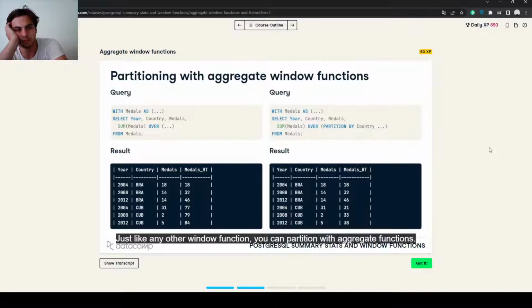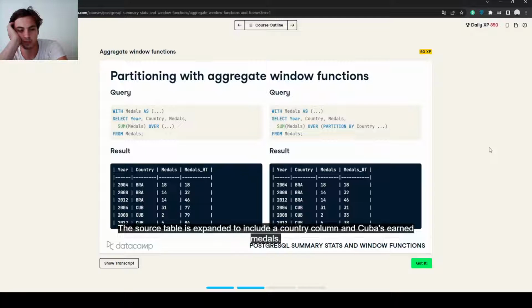Just like any other window function, you can partition with aggregate functions. The source table is expanded to include a country column and Cuba's earned medals. In the left table, sum is used without partitioning by country, so the cumulative sum does not reset per country. The value in the last row, 84, reflects the total medals earned for both Brazil and Cuba.